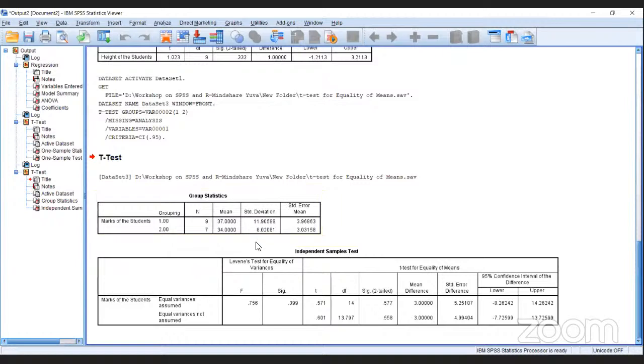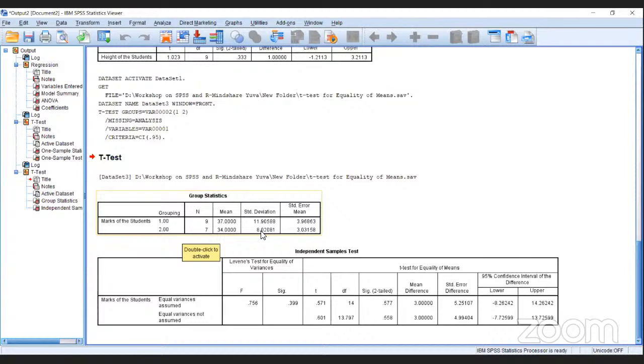So what you have to do here is, both the things I have given. See, this is group statistics. For the first group, it is the mean and standard deviation. For the second group, these are the number of observations, and this is the mean and standard deviation for the second group.